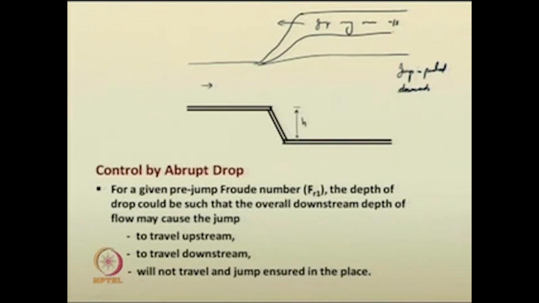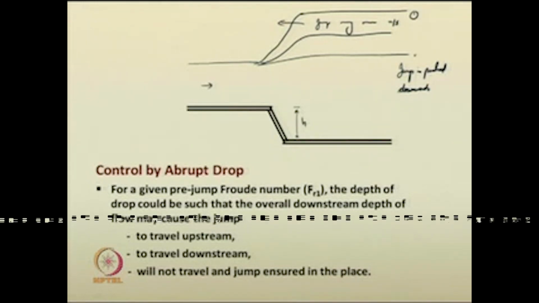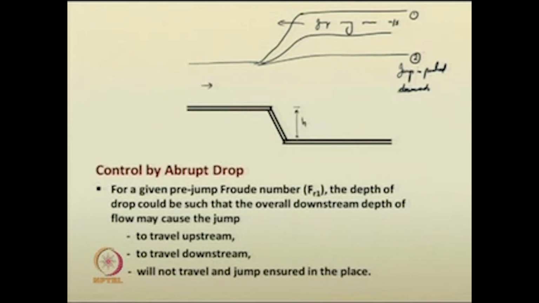So, for the first condition and the second condition given here, definitely the control by abrupt drop cannot be used, because your jump may be either pushed downwards or it may travel upstream.